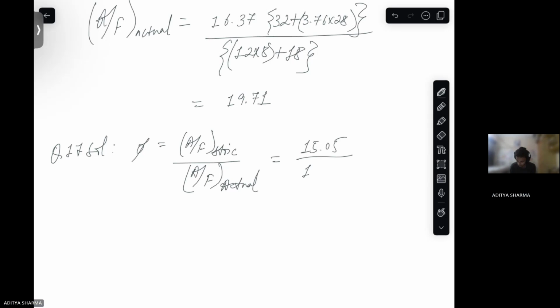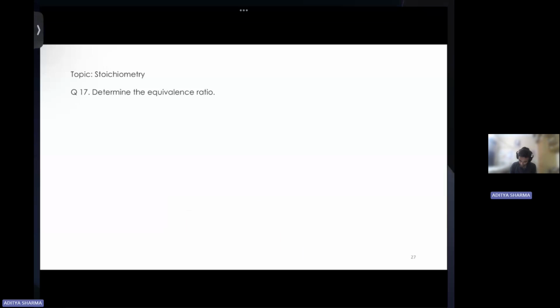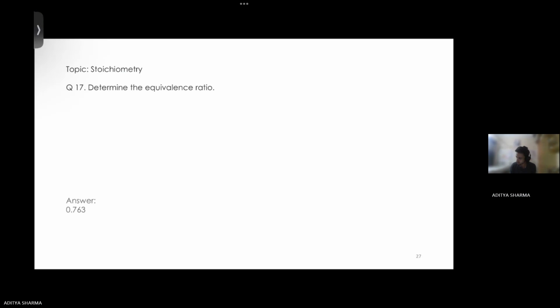If you write the balanced stoichiometric equation, you can find this out easily. So this will come out to be 0.763. Okay, this is your equivalence ratio. Which means that it is a lean mixture, right?